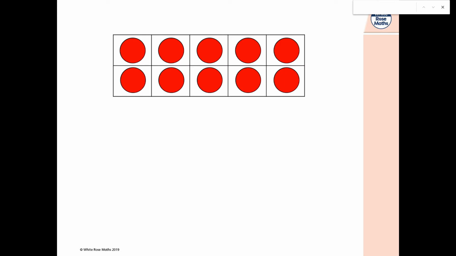Let's continue on. Only this time we're going to think about a 10 frame and double-sided counters. This 10 frame is already full. So how many counters do we have? 10. Now let's make a link or a connection to something else you're probably familiar with.